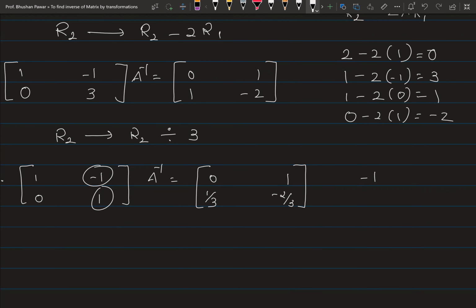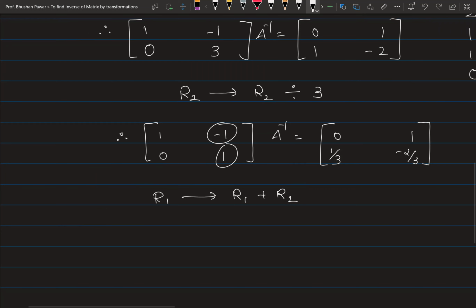We have minus 1, we have 1, we want 0. So obviously we should add these numbers. This is coming from R1, this is coming from R2. So the operation is R1 plus R2. We want change in R1. So we will say R1 gives R1 plus R2. Alright?